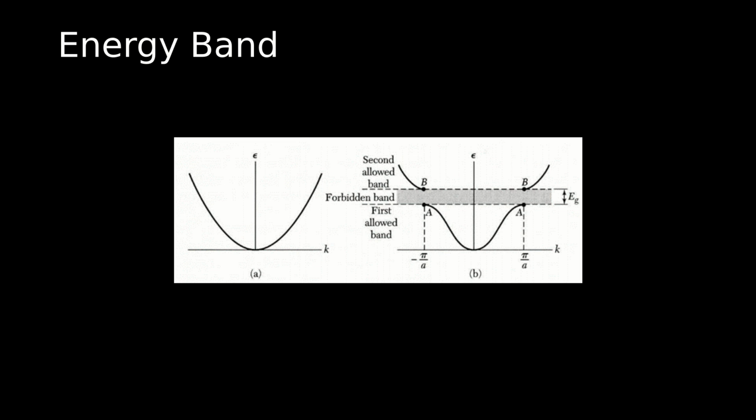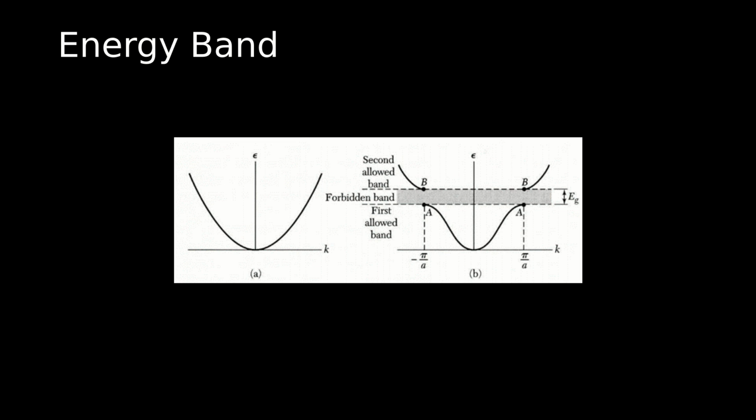And graph B here shows the energy gap caused by the lattice structure and the Bragg reflection. The forbidden band, which is also known as the energy gap, electrons cannot enter into that band, which means the electron is either above that band or below that band.